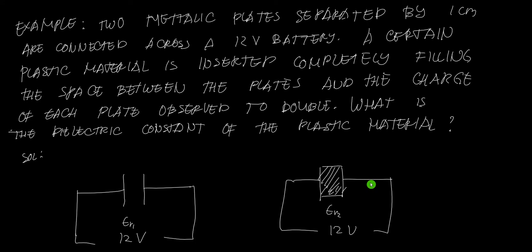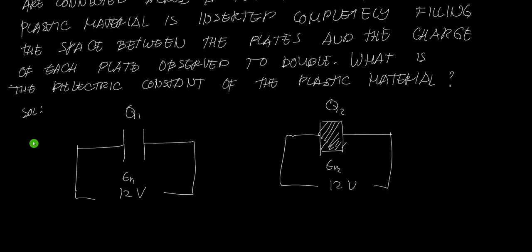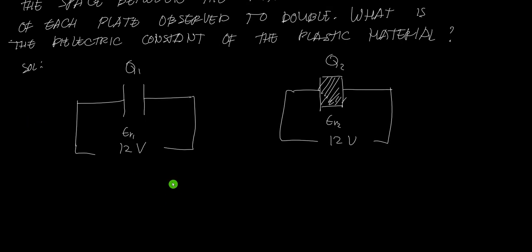And we observe that the charge is doubled. So if we have Q1 here, we have another Q here, Q2. The problem says the charge is doubled, meaning Q2 is just equal to twice Q1.